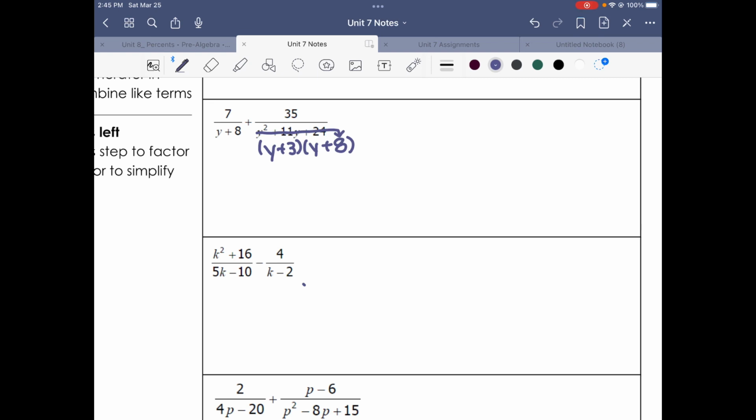Now we just have to look between the two denominators and ask ourselves, what is one missing that the other one has? The first one is missing the y plus 3. And now they both have y plus 8 and y plus 3, so that is going to be our common denominator.